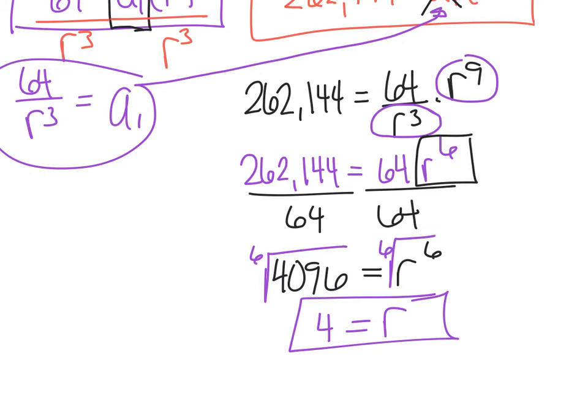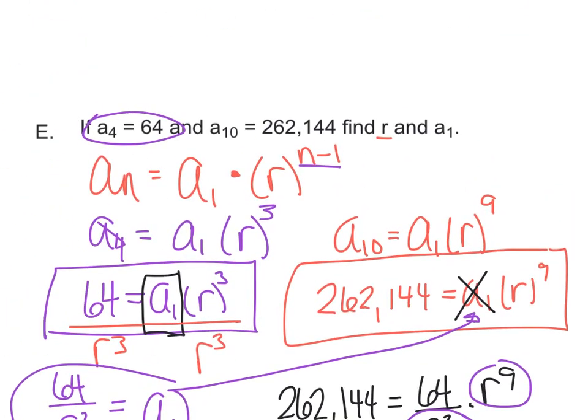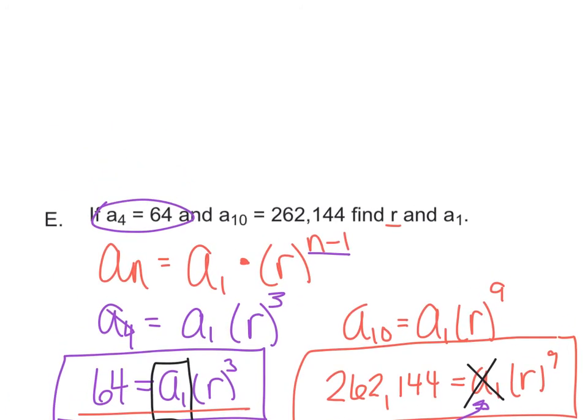Okay, so now there were two parts to this question. One of them was find the ratio, and the other is to find a sub 1. So I now know in my equation a sub n equals a sub 1 times the ratio, which we just said is 4, raised to the n minus 1. I have to figure out that a sub 1. So again, I can use either one of these pieces that I know. It doesn't matter. I'm going to pick this one because it's slightly smaller and substitute that in.